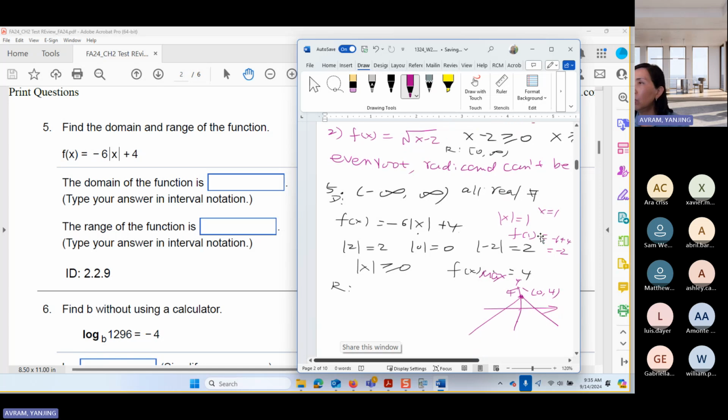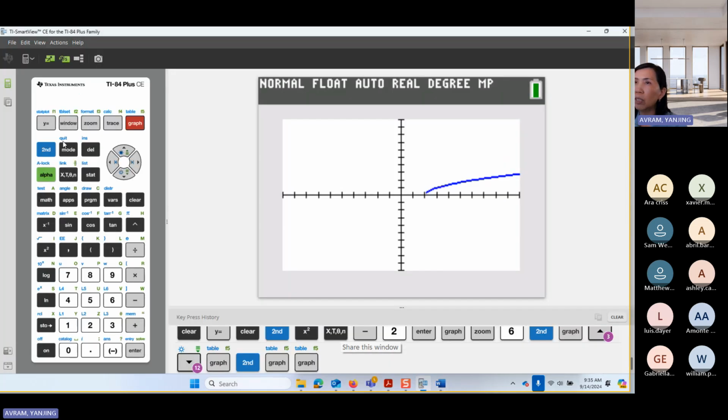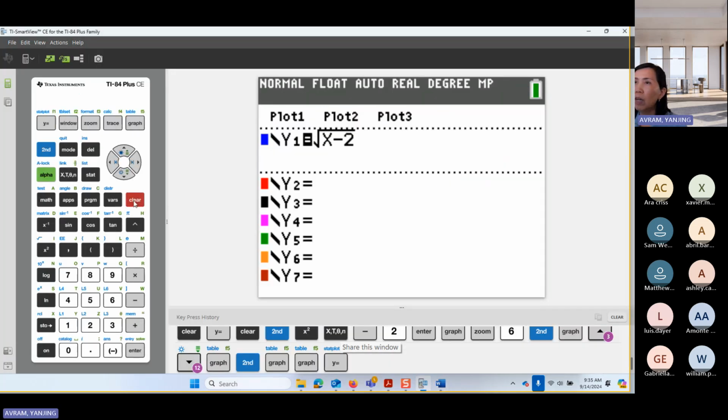Okay, if you do not really know how to analyze this, you can put it in a calculator. The calculator will graph it for you, and you can see the y value. So let's put this whole thing into the calculator. I have a negative 6, so the first number is negative, and you need to use parentheses here. Negative 6, and then times the absolute value.